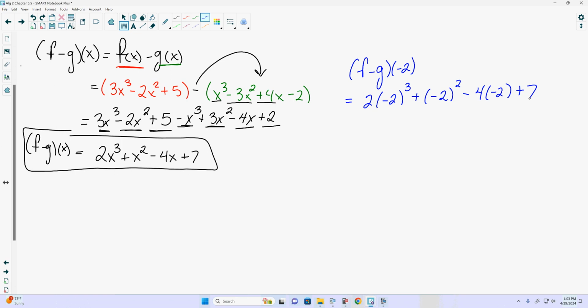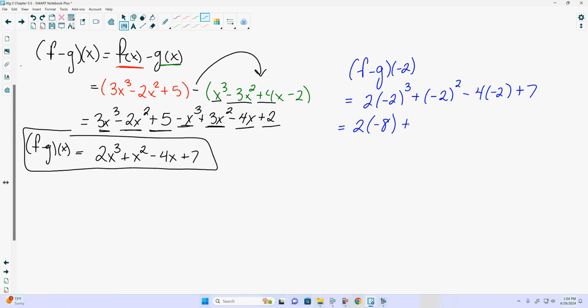And with these here, I would always put parentheses around the number we're plugging in. Now, for the most part, in some cases, it's not going to make a big difference. Because if you plug this into the calculator, negative 2 to the third power is indeed negative 8. Because negative 2 times negative 2 is positive 4, times negative 2 makes it back to negative 8.